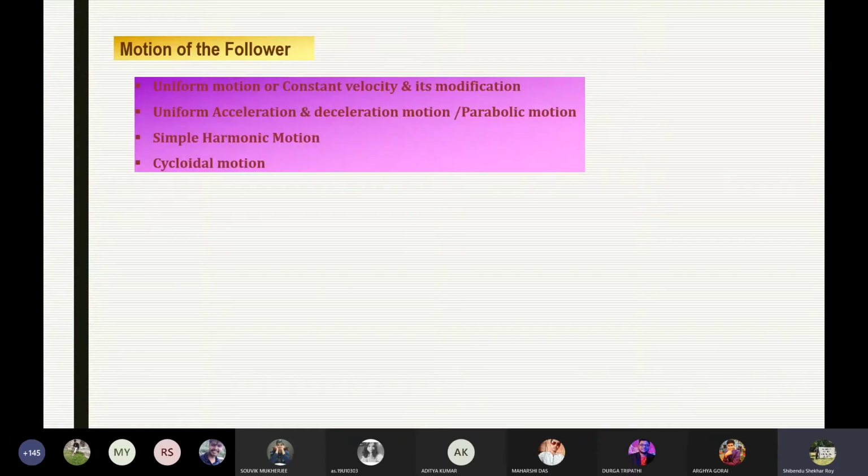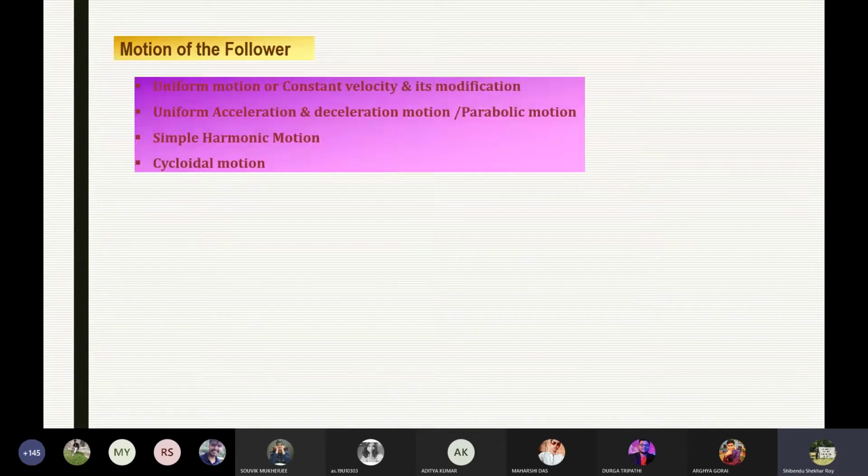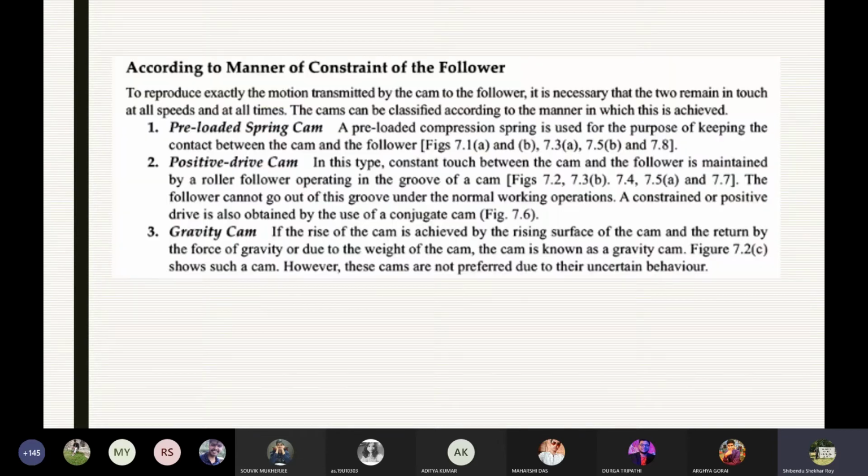So the follower motions we would like to cover today are the uniform motion, that means motion with constant velocity, its advantage and disadvantage, and what modification you want. Then the uniform acceleration and deceleration motion, also known as parabolic motion, then simple harmonic motion, and cycloidal motion.